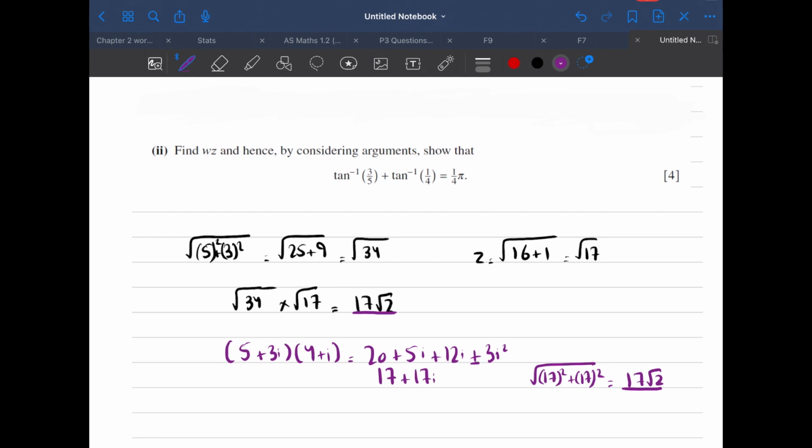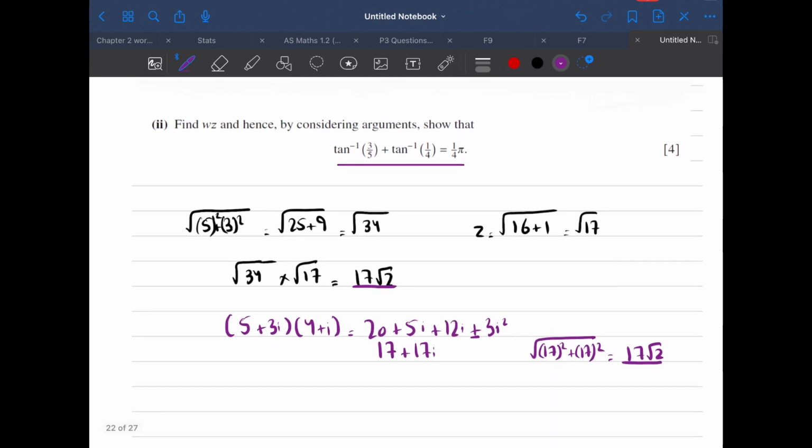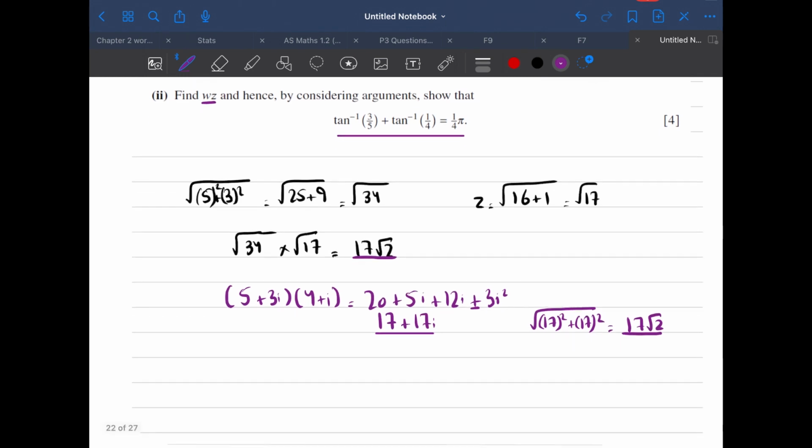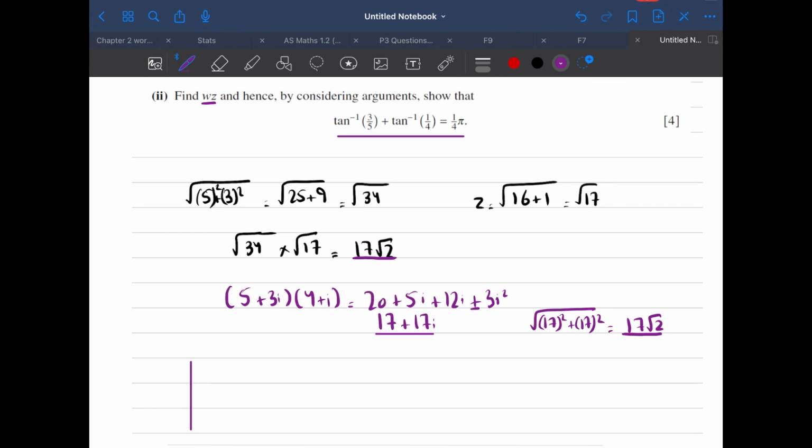But in this question, modulus was not required. I need to show this. Now how do we show it? In this type of application question, multiply wz to show this. You multiplied and got the answer 17 plus 17i. Let's find the argument of 17 plus 17i. Here it's 17 and here it's 17.